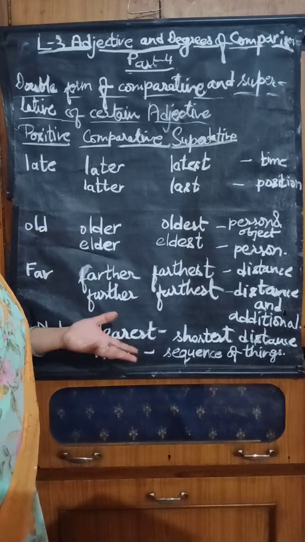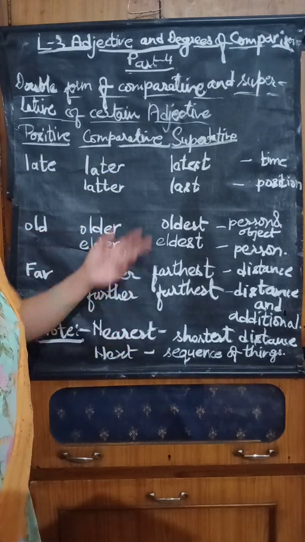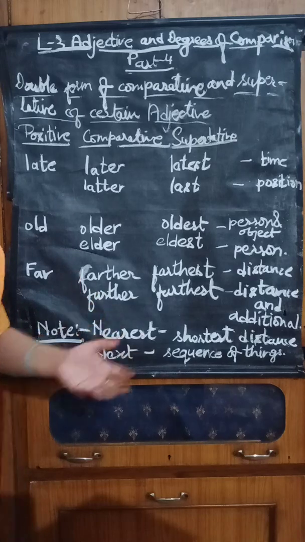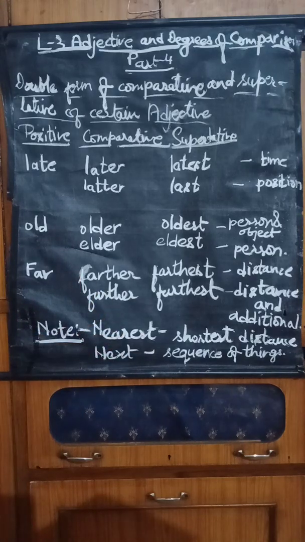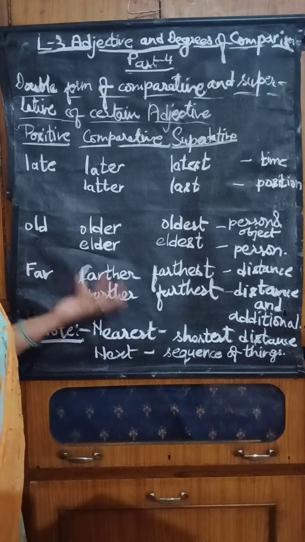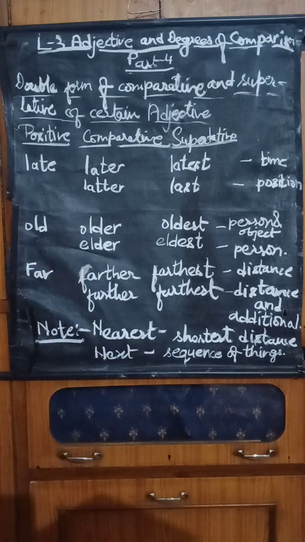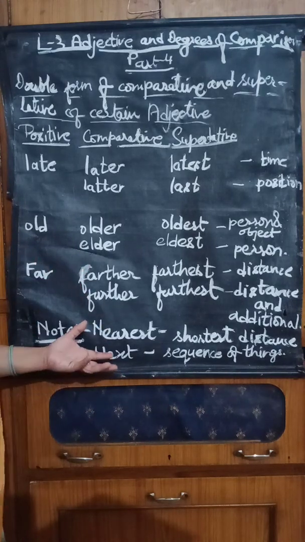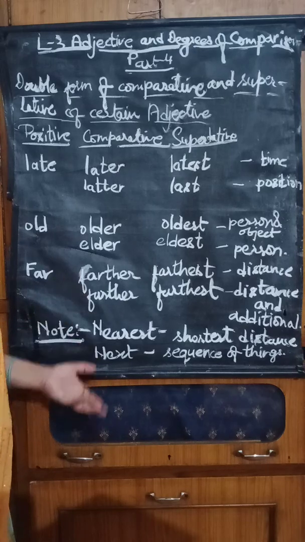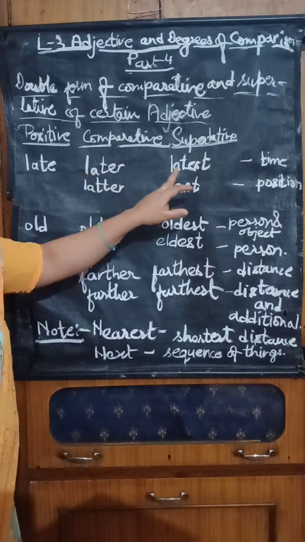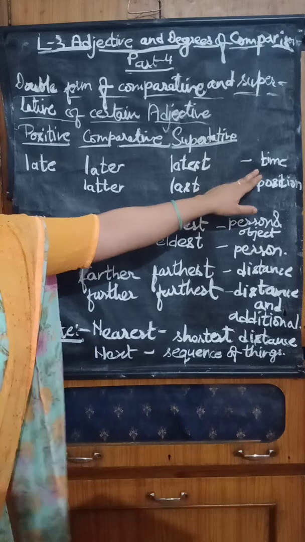Later means बाद में. Latest means अभी नया. Like that, the sentence is: this is the latest mobile. This is the latest means the new model of the mobile. So here the words later and latest are referring to time.